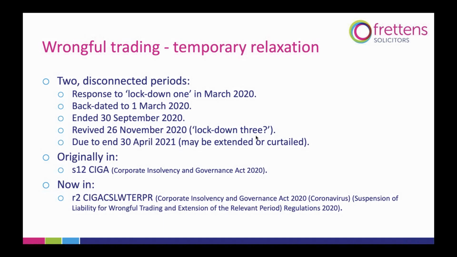And of course, at the moment, there is a temporary relaxation of the wrongful trading regime. In fact, it's more accurate to say that the wrongful trading regime has been relaxed twice. The first relaxation was a response to the first lockdown, and it was backdated to the 1st of March last year.